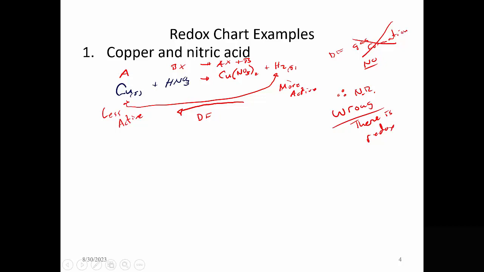There is redox. And so, do you see the pattern? No. Redox is more complicated. So to summarize, there's no reaction, but there is redox.